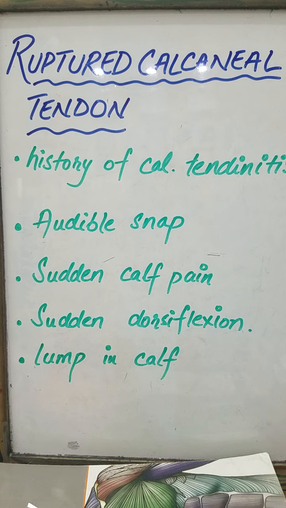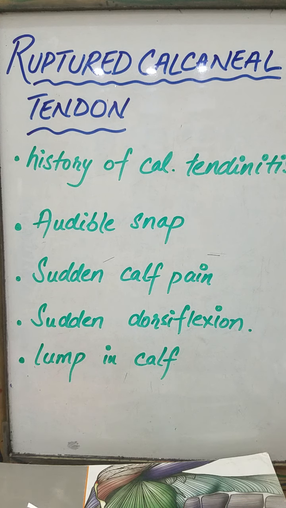So during activity, in case of a forceful push, they heard a loud snap, which was followed by sudden pain in the calf, and the foot, which was plantar flexed, suddenly became dorsiflexed, because of course the triceps surae are responsible for the major plantar flexion at the ankle joint.